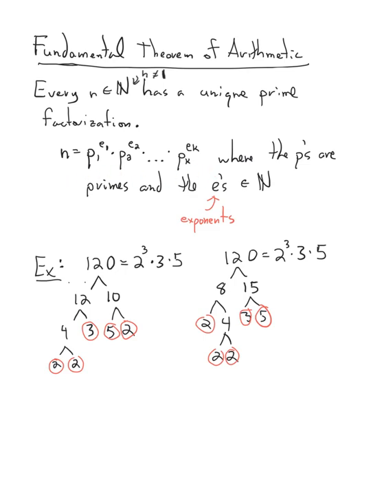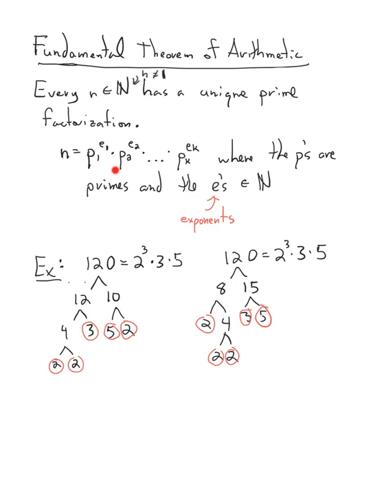And so we have some notation here, and I just want to talk about the notation. So I'm telling you that n can be written as the product of a bunch of primes to various exponents. So here I'm saying n, whatever k is, n can be written as the product of k primes, each to some exponent e.